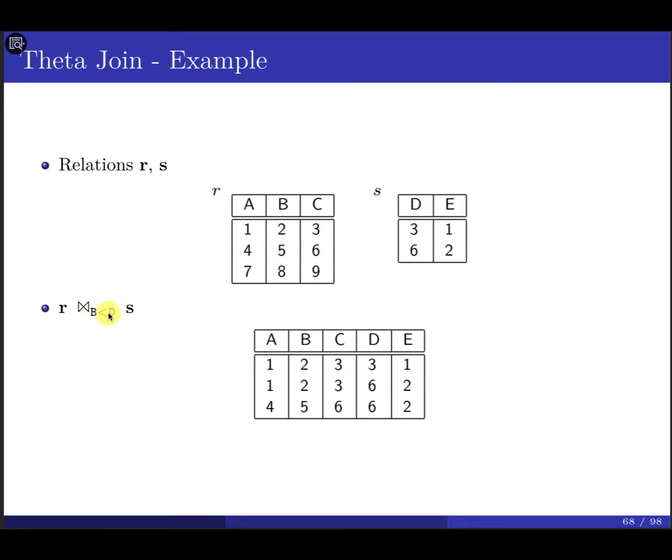When you say B less than D, it's clear: B belongs to relation R, and D belongs to relation S. So where are you going to find B less than D here? B is 3, less than D is 6, so these can be concatenated together. And 5 is less than 6, yes. Then this one is not going to be part of the result, and this is the result you're going to have here. Clear?